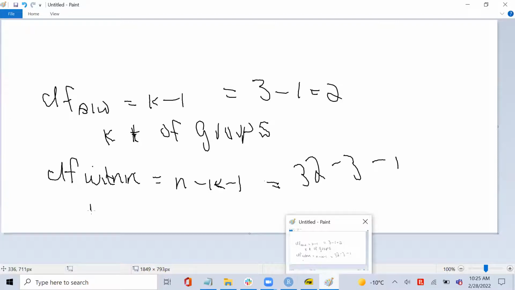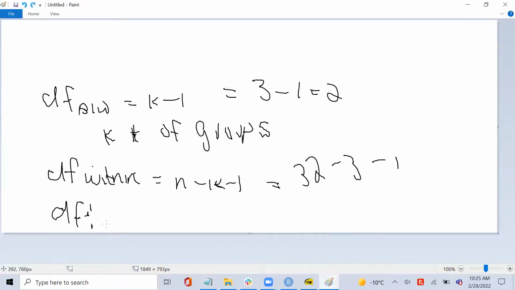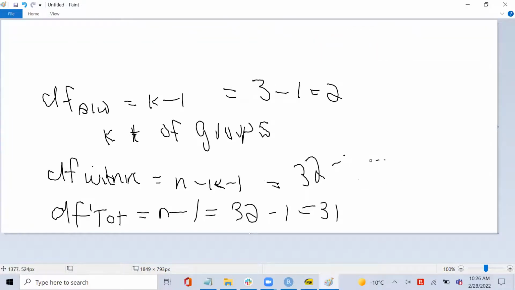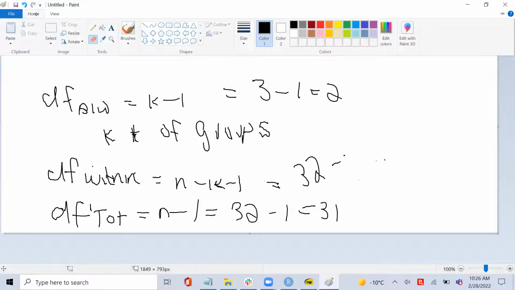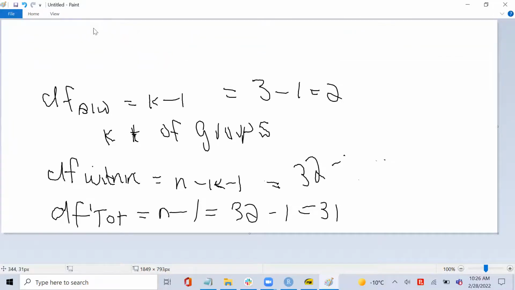The total degrees of freedom is equal to n minus 1. So that's actually 32 minus 1, which is 31, which makes this, I guess, 29. So the within is actually 29. So it's actually n minus k. There you go.